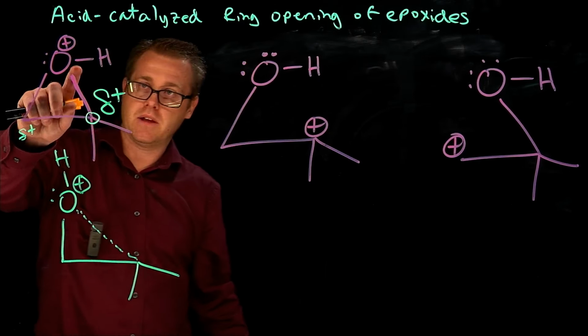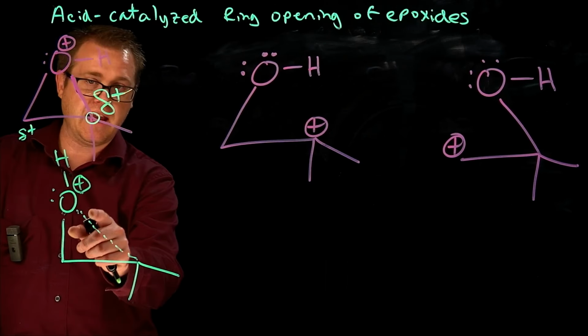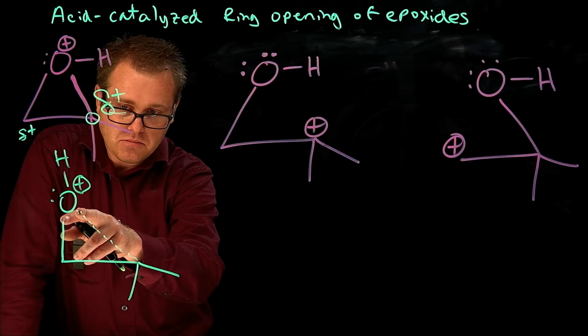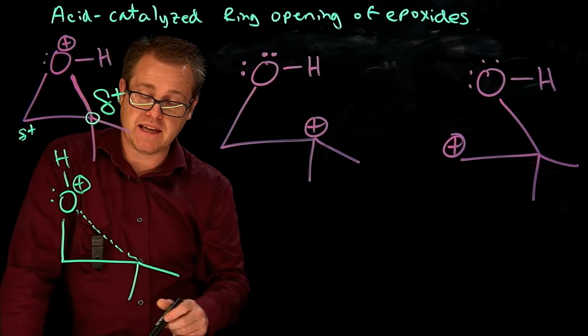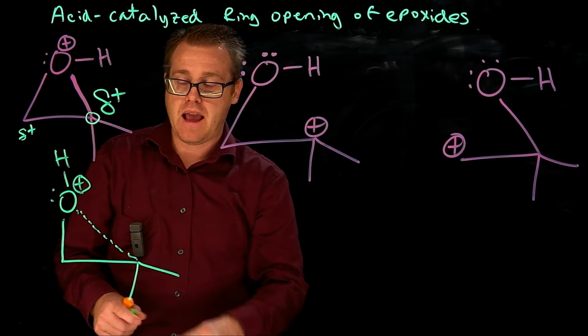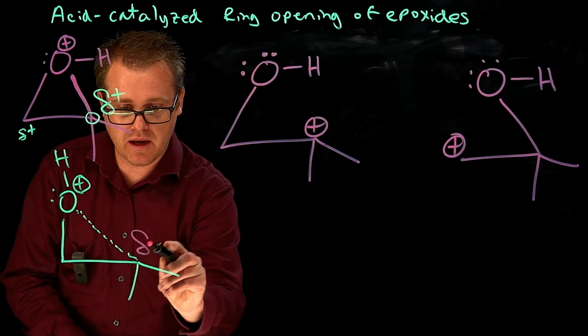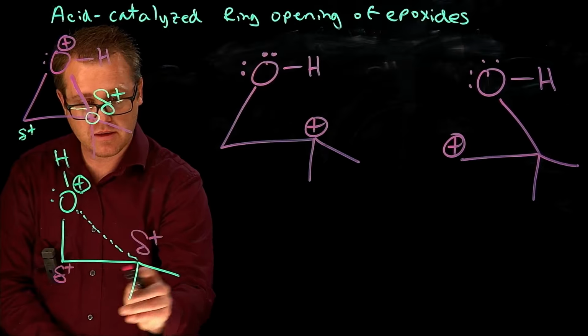So this molecule right here, I'm drawing it like this. And what you're seeing is this bond right here is going to be longer and breaking, and I'm representing that with that dotted line. And so this is going to be a whole lot larger partial positive than this one. That one's larger.